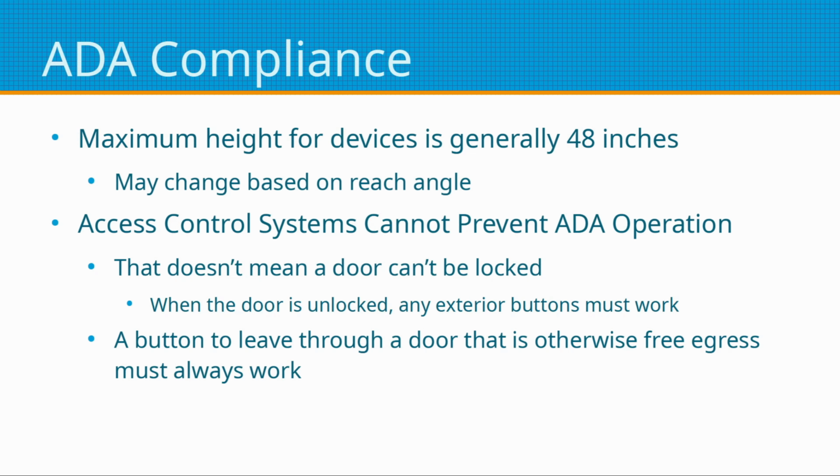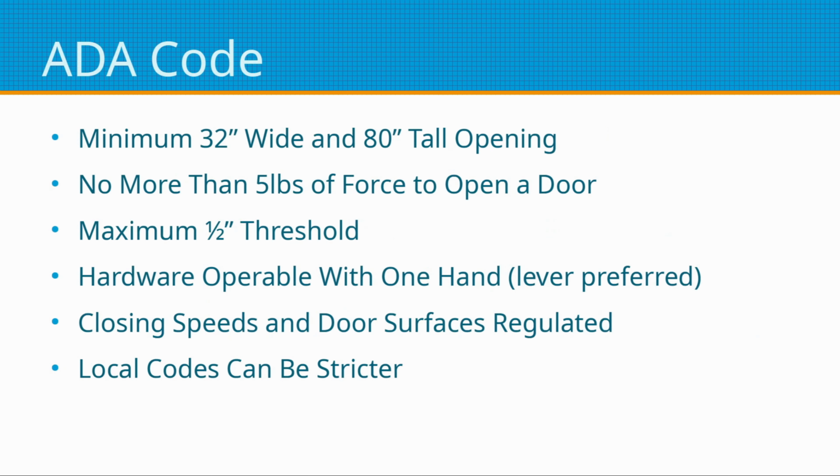On the flip side, if you're leaving because you have to have free egress, the interior button to open the door has to always work. That means you have to integrate that button into the access control system so that the button not only opens the door, but also unlocks the door. And this is where, obviously, your customers are hiring you because they need a professional integrator to make this work.